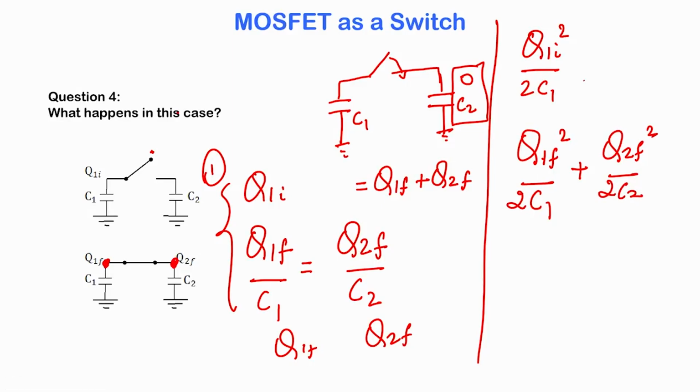Now, is it okay for me to equate the initial energy in the system to the final energy in the system? Can we say energy is conserved, and therefore, the initial energy in the system is equal to the final energy in the system? If we define the final energy in the system in this manner, this equation will not hold. And why will it not hold?